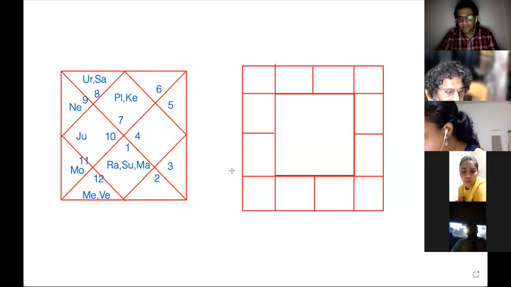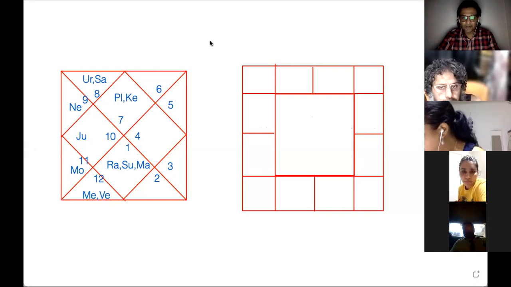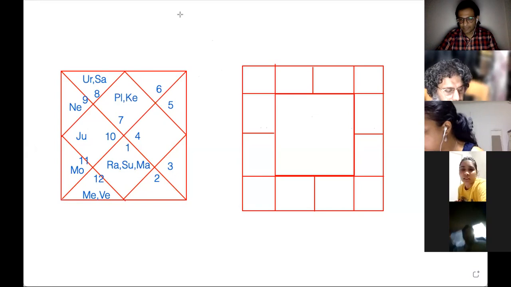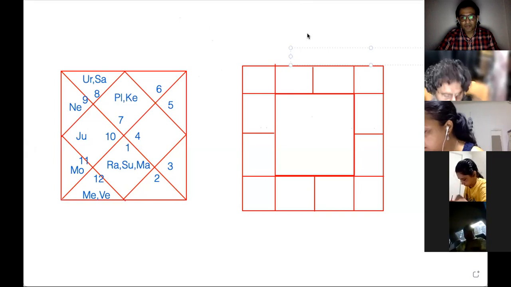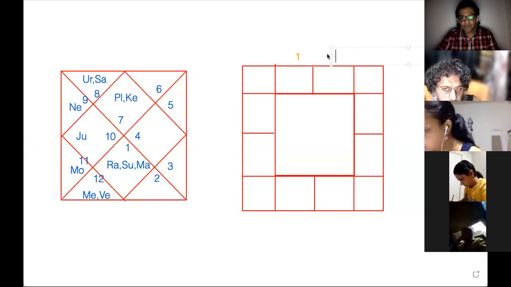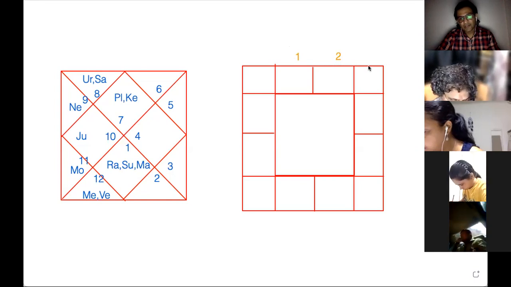Now, what is the main difference that we saw in this North Indian charting style? House number remains the same for everyone. And in the South Indian charting style, Rashi number always remains the same. This box is always the first Rashi. This box is always the second Rashi. This box is always the third Rashi.